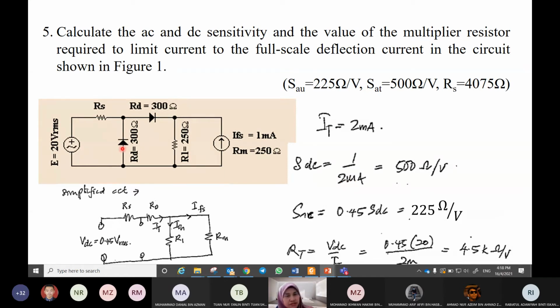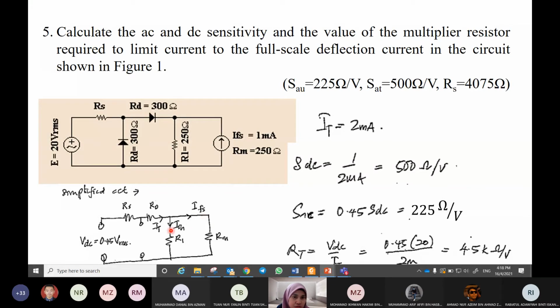Okay, so let's redraw the circuit. Since this is open circuit here, current cannot flow here. So we have Rs and the Rd, R1 and then Rm. So 1 over current, we know that here is 1 milliamp, 250 ohm here and 250 ohm here, meaning that current flow through the meter 1 milli as well as current through R1.